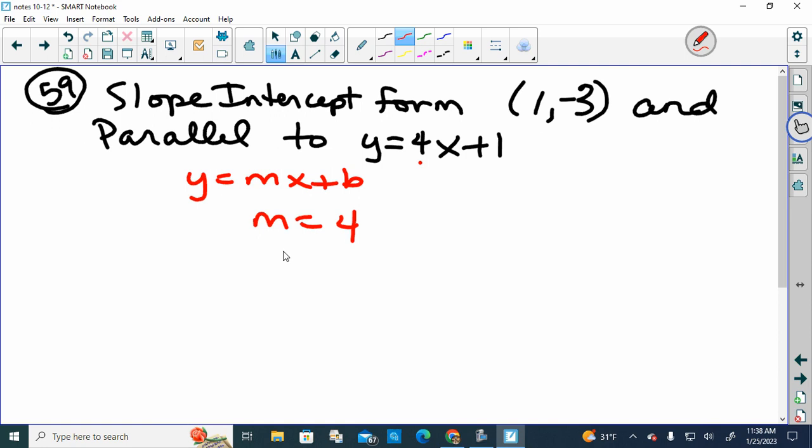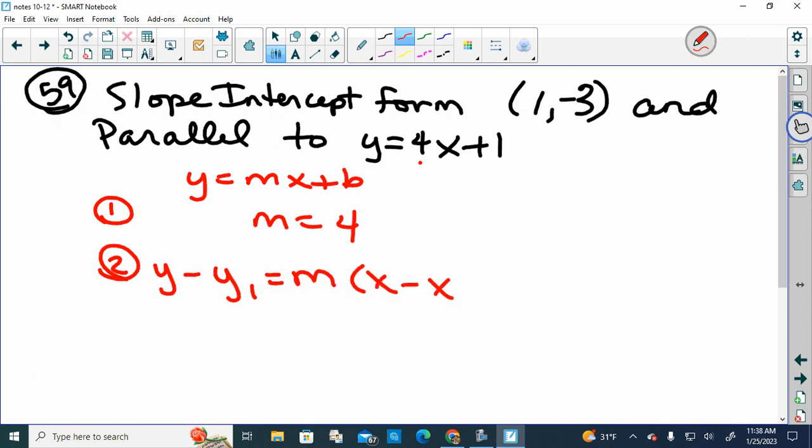Okay, so then the second step was to plug it into the y minus y1 equals m times x minus x1, because we have the information to plug into those 3 spots. Okay, what is the y that they gave me? -3.